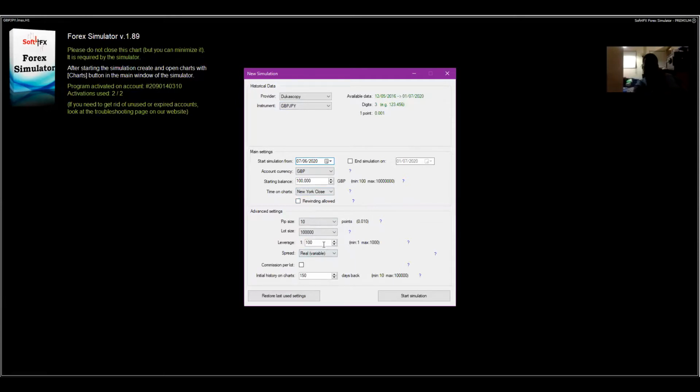Our leverage is going to be 1 to 100. It can honestly be lower than that because I don't over leverage, but we're just going to keep it at that. And what do you want our starting balance to be? Let's do a grand, 1,000. All right, sounds good. So we'll see what we can work 1,000 up to at the end of the week.